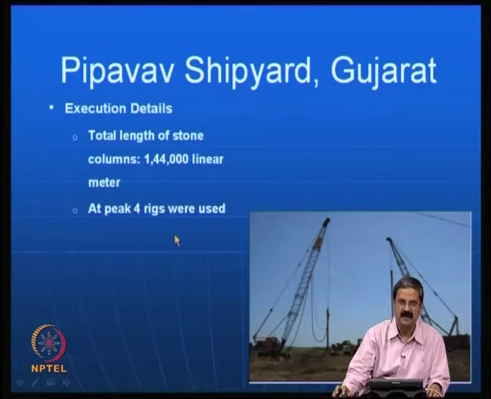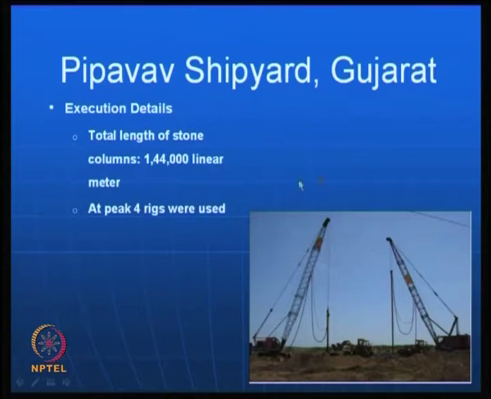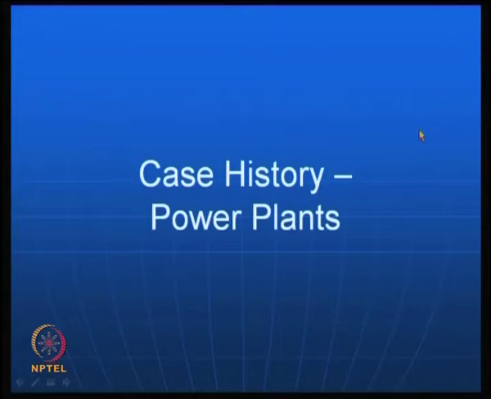It is not easy, and again here the total length of stone columns used is 1,44,000 linear meters. At peak again they were using 4 rigs, with an installation period of 10 months, which is quite good.